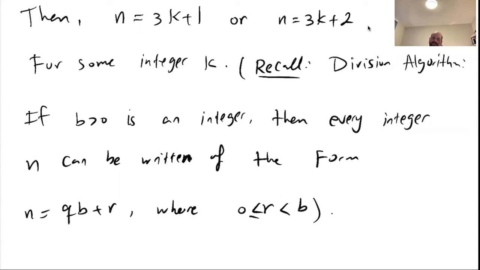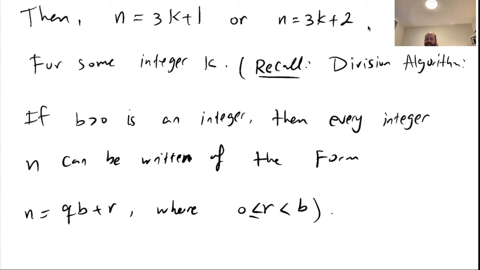This is called the division algorithm. If b is a positive integer, you can always write n in the form qb plus r. q is called the quotient, r is called the remainder, and the remainder has the feature that it is bigger than or equal to 0 and less than b.